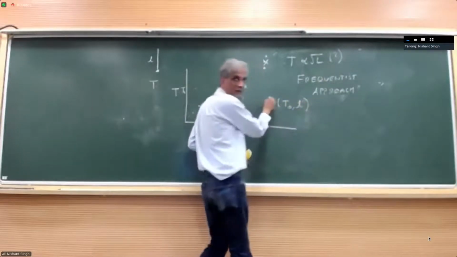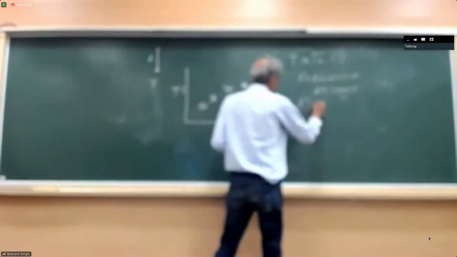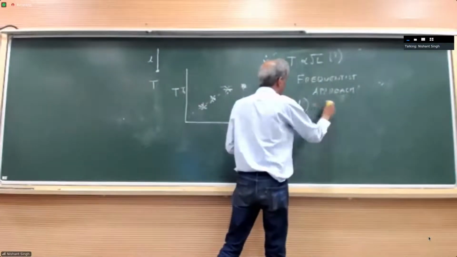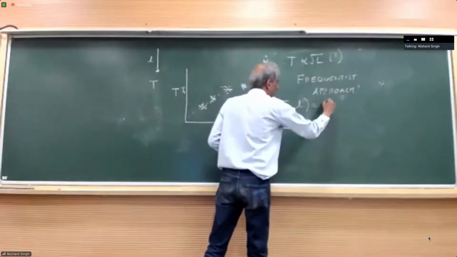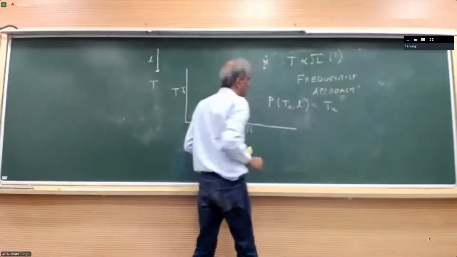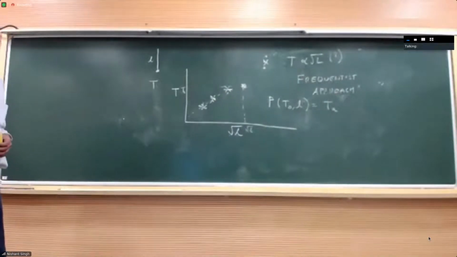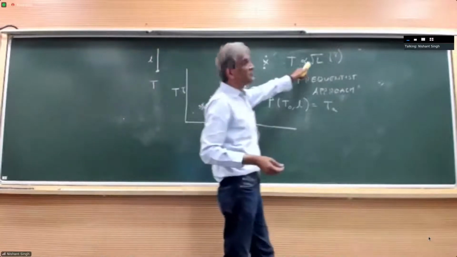What is the probability that the actual value of the time period, the average of T, would be TA? Okay, let me rephrase this question first. Let us assume that this is correct.